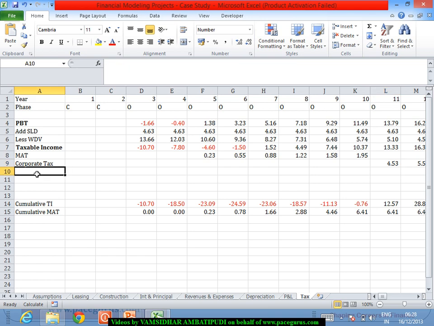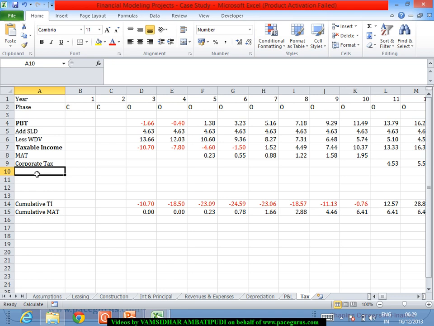Now at the same time, I will get the MAT credit, because I have already paid some amount of MAT earlier. So my tax should get reduced in the later years by the extent of the MAT credit.